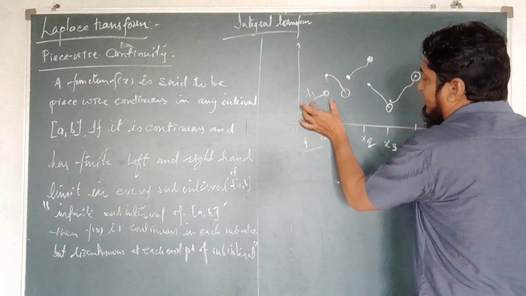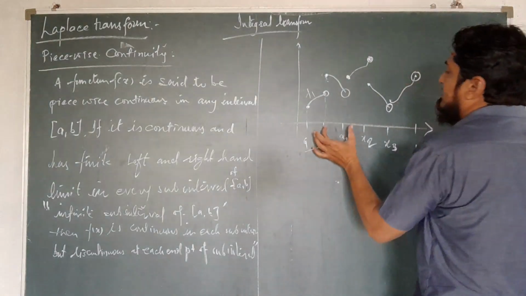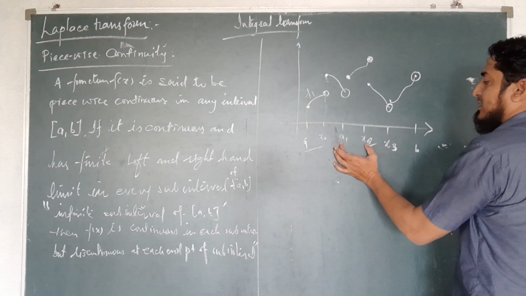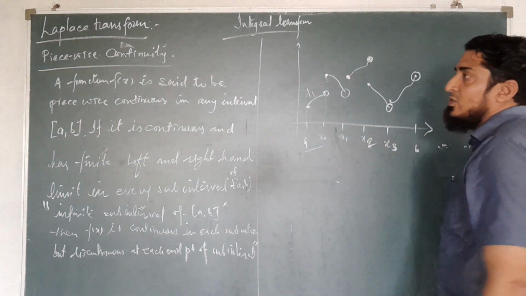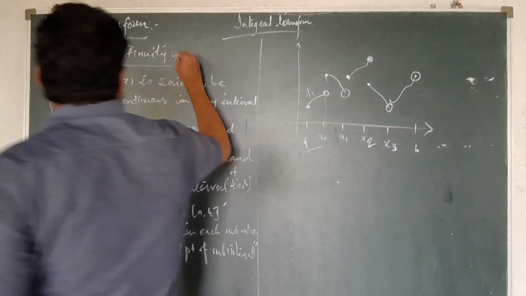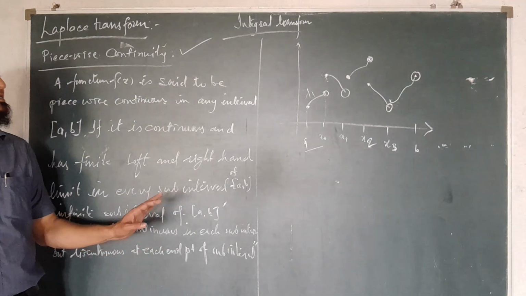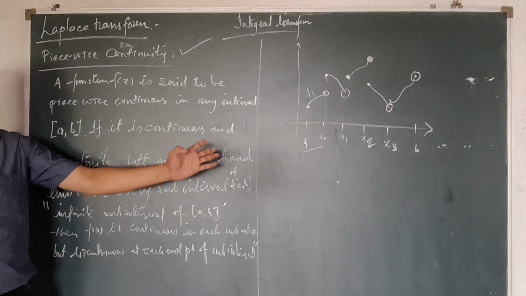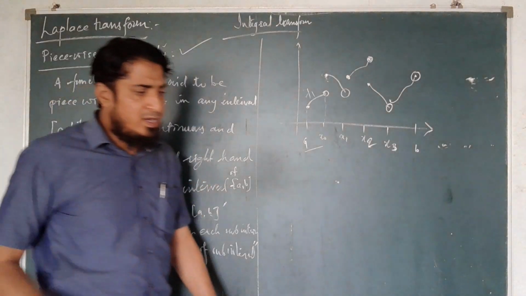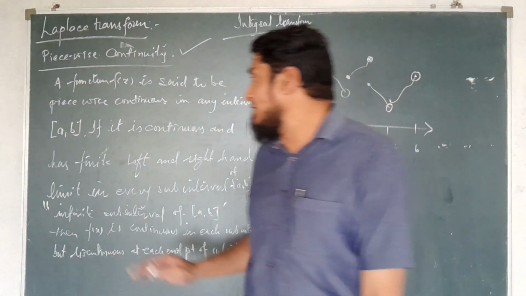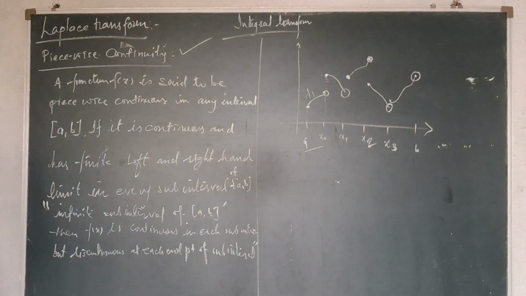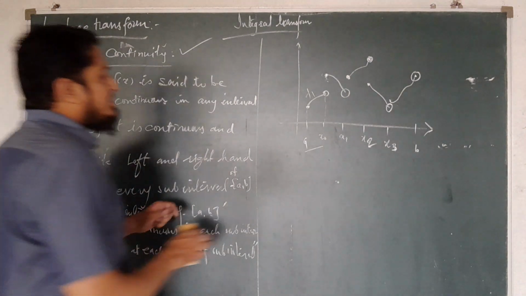In this piece it is continuous, in this piece it is again continuous, in the x1, x2 piece it is continuous. So it is named as piecewise continuous. The function is continuous but in piecewise form, so it is called piecewise continuous.